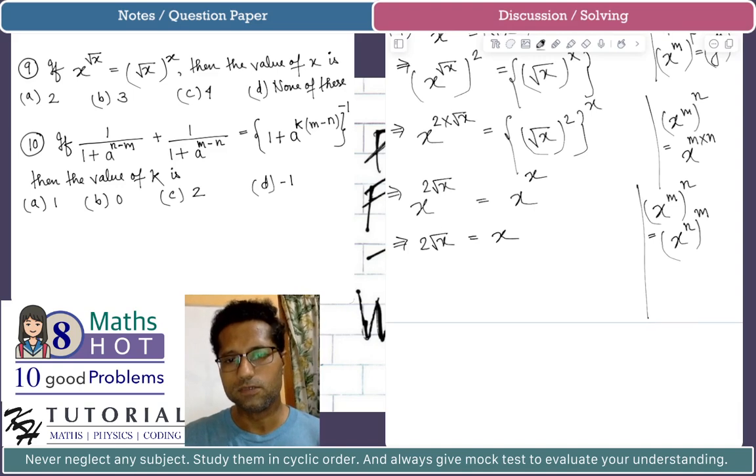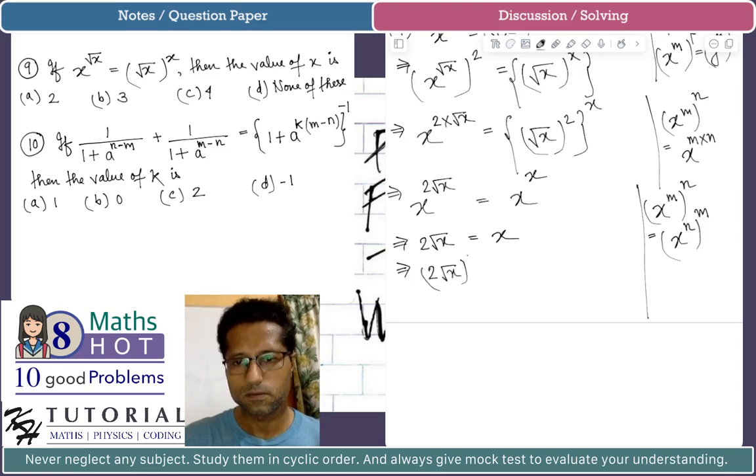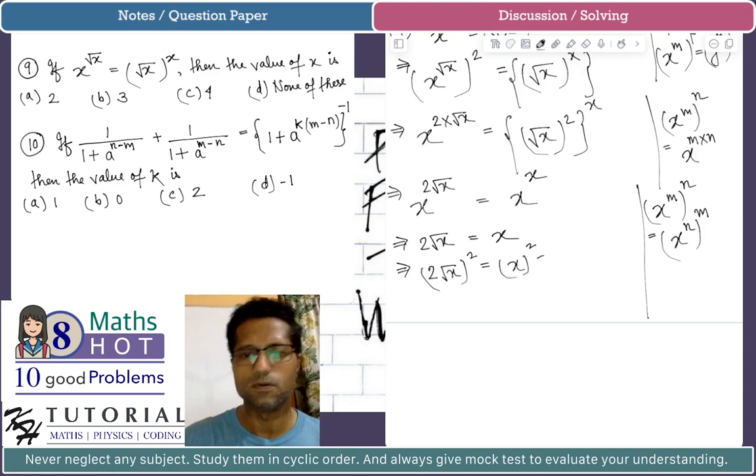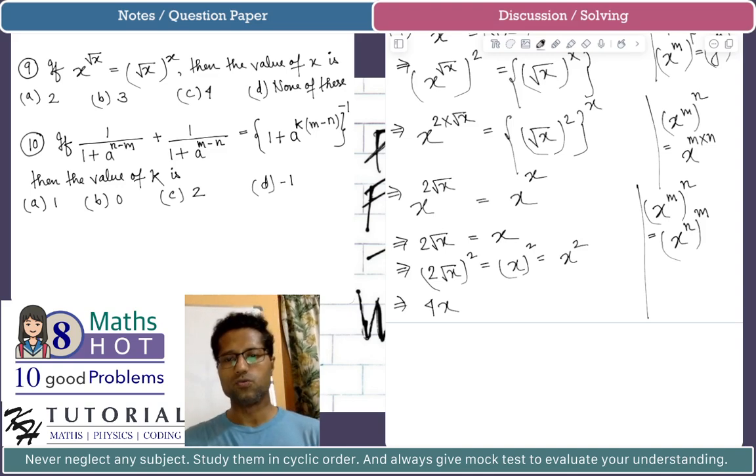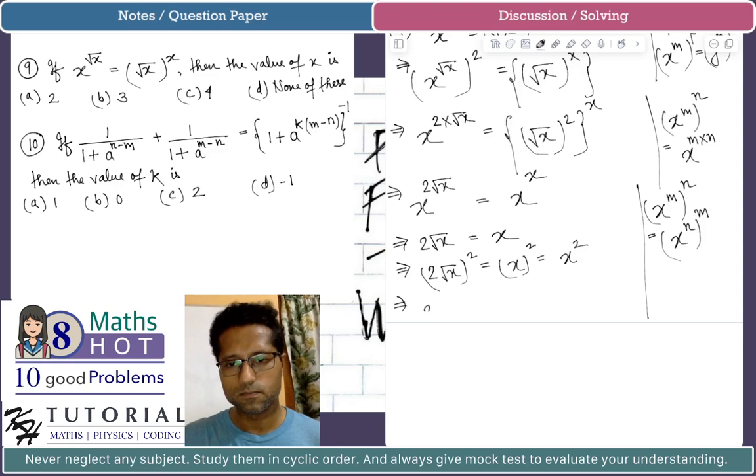Now if I take square, 2 root x whole square equals x square. The left hand side becomes 4x, since 2 root x whole square is equal to 2 square multiplied by root x whole square.